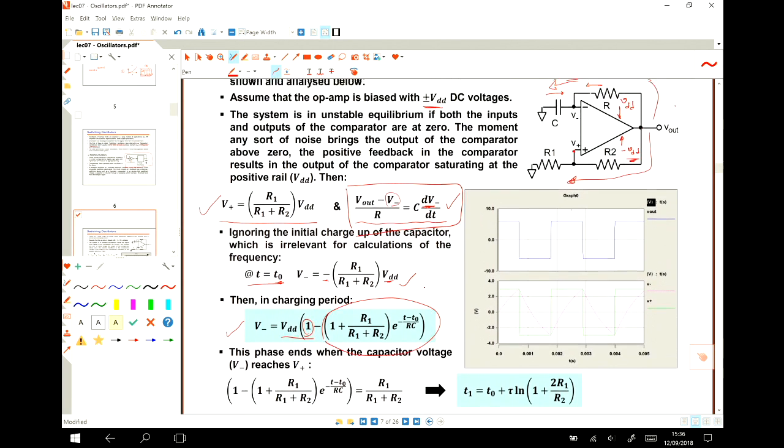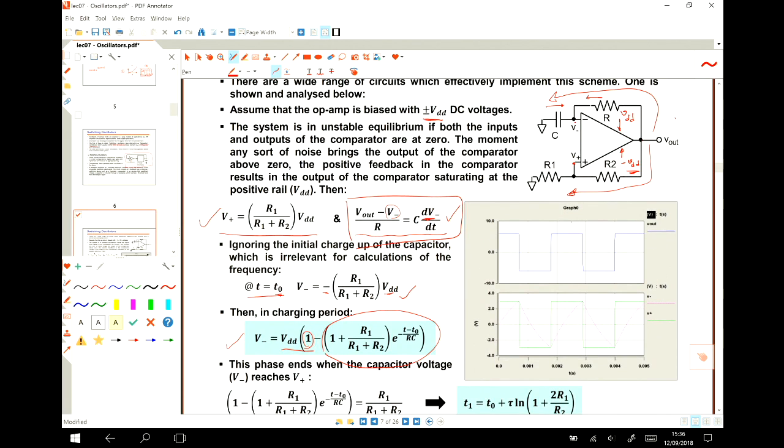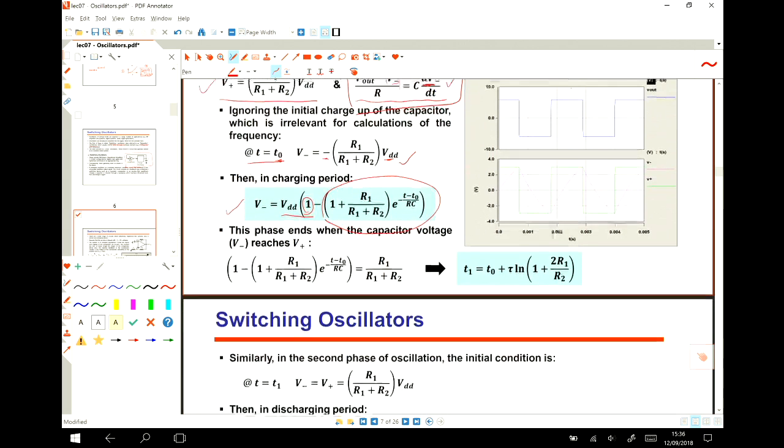And then, when this capacitor is getting charged and the voltage at this point is greater than or equal to this one, then the function of this op amp changes. If this one is greater than this one, then the output will be plus. So we have to find the time at which these two become equal.